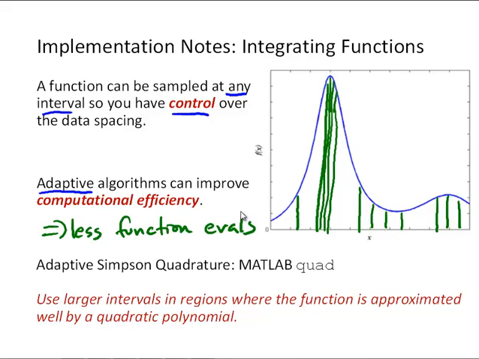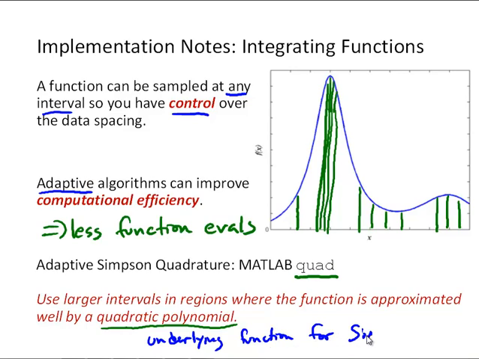And MATLAB actually uses adaptive Simpson quadrature in the quad function. So you can imagine the way that it works is it uses larger intervals in regions where the function is approximated well by that quadratic polynomial. Remember, that's the underlying function for Simpson's 1/3 rule.